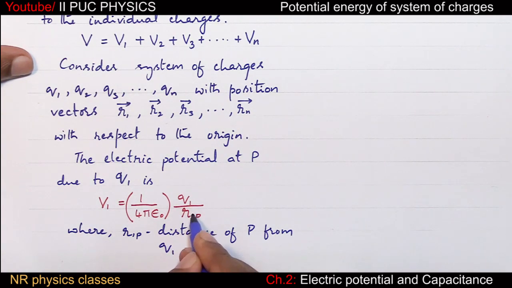So it is just a magnitude, a constant, which gives a scalar quantity.